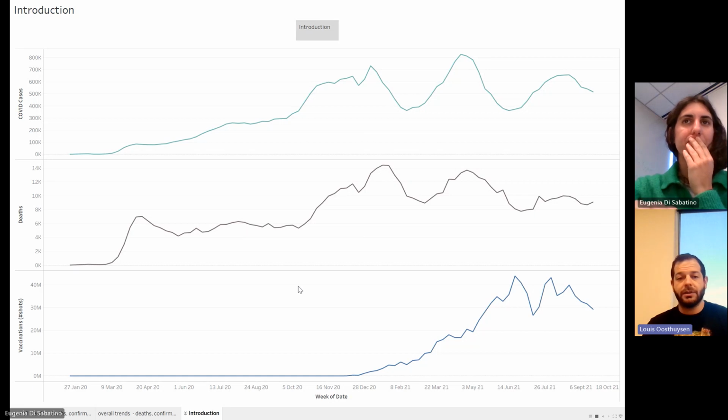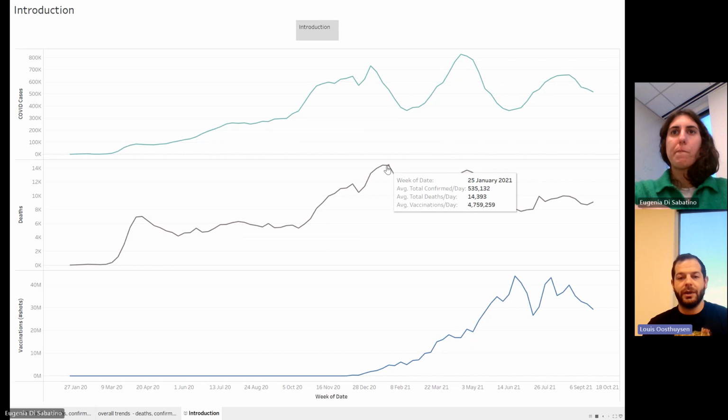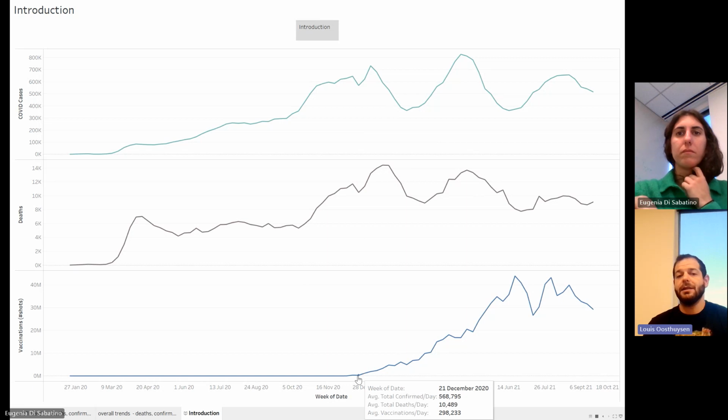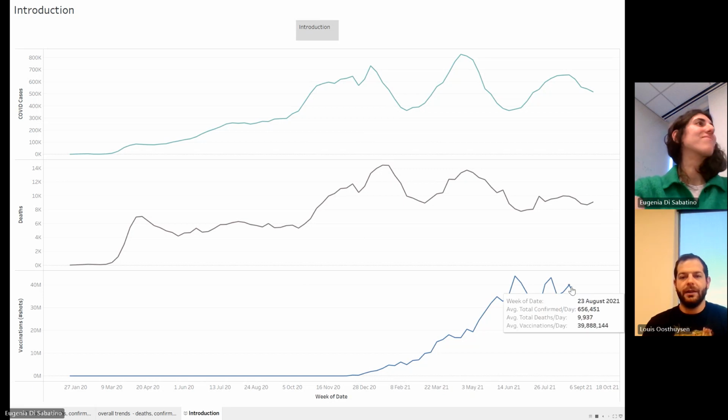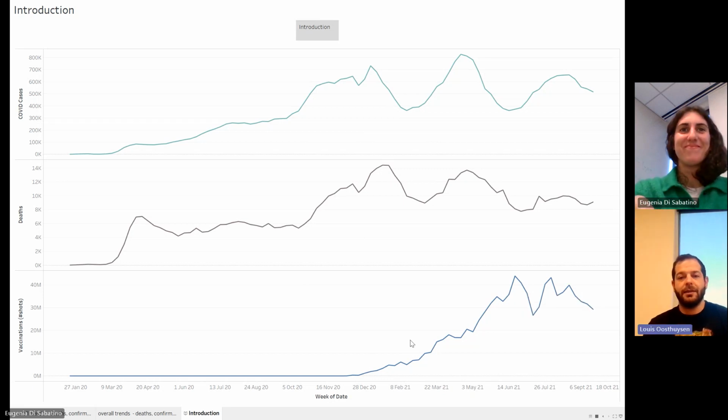Notably, we observed a consistent decrease in deaths starting from January 2021, approximately 1 month after the first vaccine doses were administered in December 2020, as shown in this graph. This suggests a positive impact of vaccines as fewer deaths occurred with increasing vaccination rates.